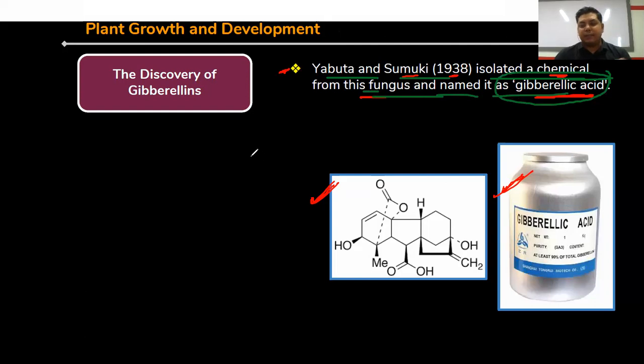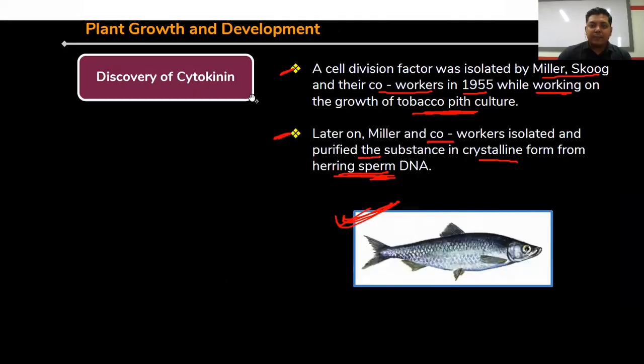So after this discovery of the fungus causing Bakanae disease or foolish seedling disease in rice, Yabuta and Sumiki in 1938 finally named this chemical gibberellic acid or gibberellin. Clear? So sometimes in your NEET exam, the question will come from their formula. So all of these formulas are important for your exam.